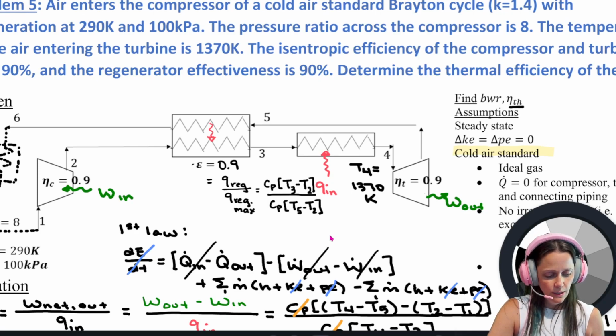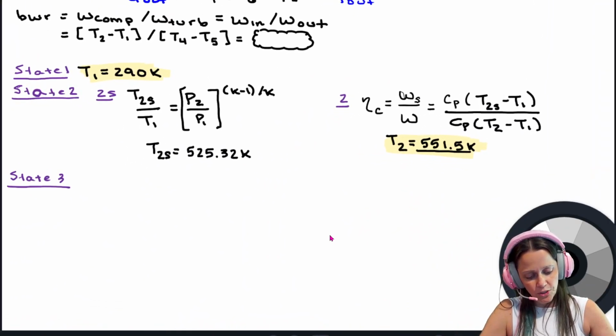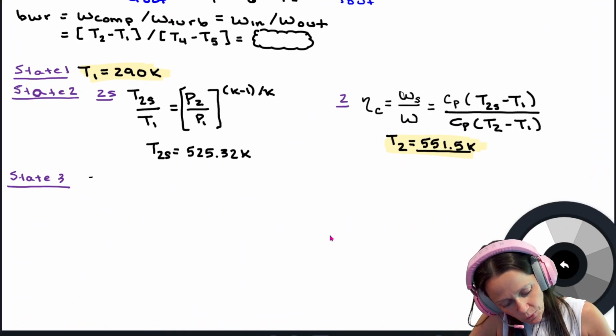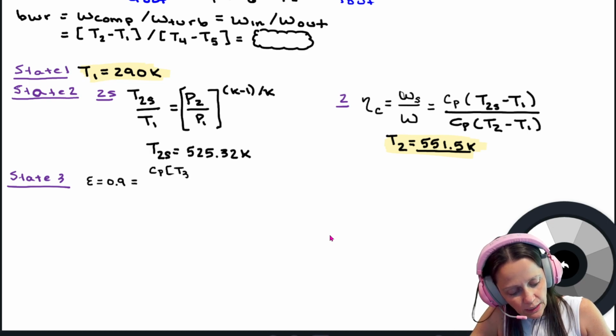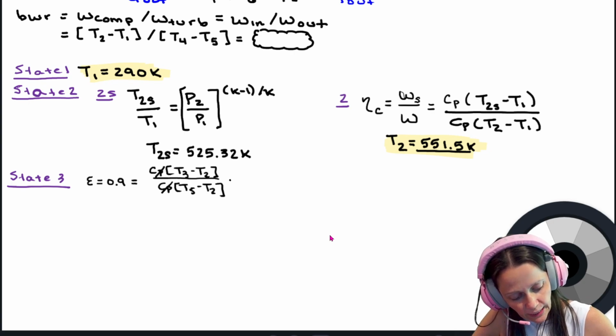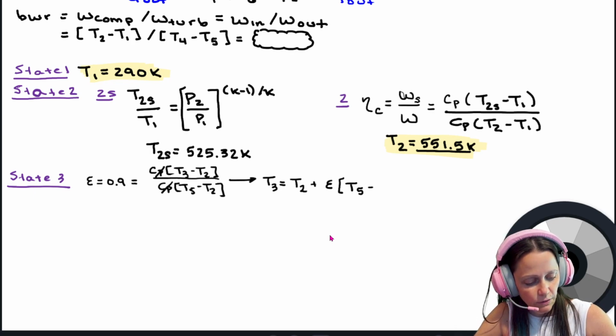Let's go back here. I'll put my governing equation here to find state 3. So I know that my regenerator effectiveness is 0.9, and I just figured out that it's CP times T3 minus T2 over CP times T5 minus T2. Obviously, those CPs are going to cancel out, and I should get that my T3 is equal to T2 plus that regenerator effectiveness times T5 minus T2.